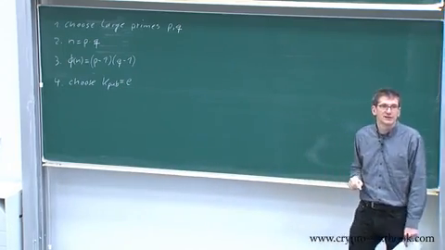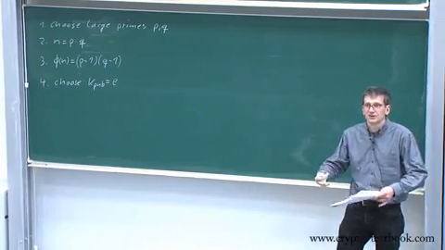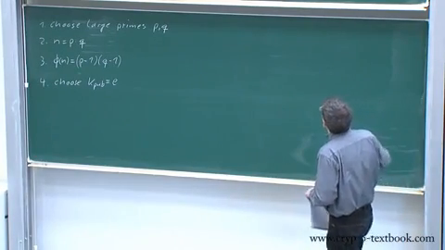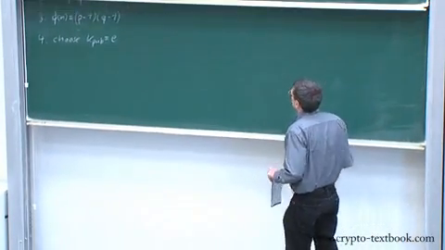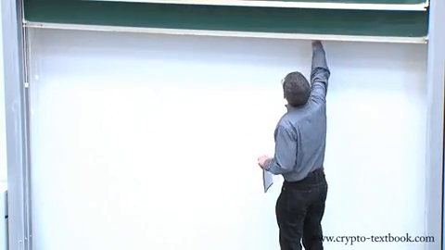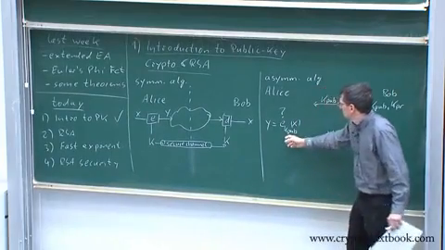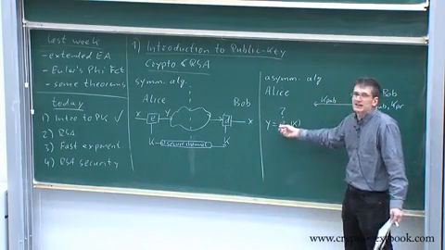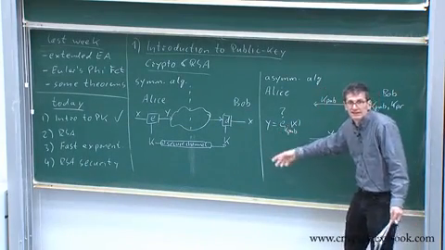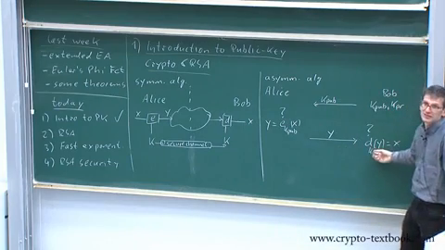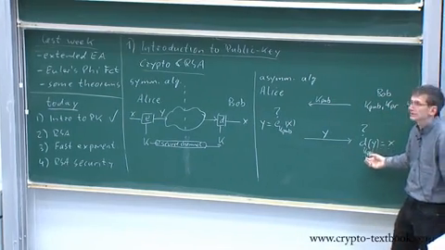E for encryption. Why E for encryption? Because at this point, the public key actually does the encryption. That's why you use an E here. And surprise, surprise, the private key will be called D for decryption.